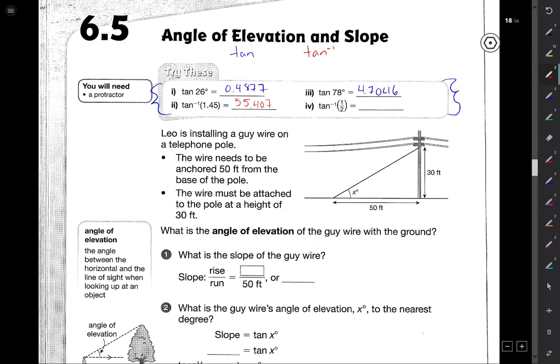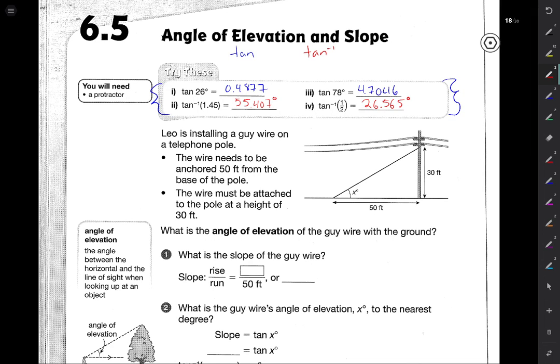Just a reminder that when you do inverse tan, it's giving you the degrees of an angle. So this was 55.407 degrees. For this last one, the inverse tan of 1/2 should give you 26.565 degrees.